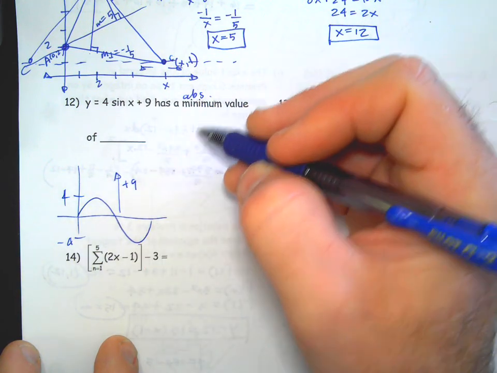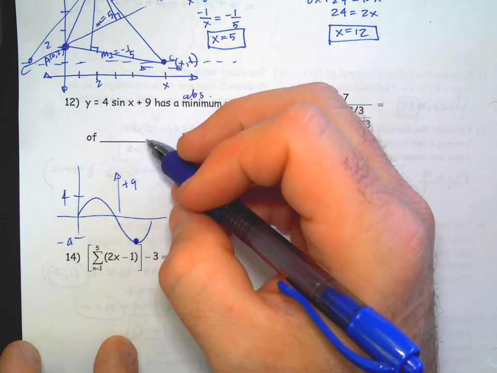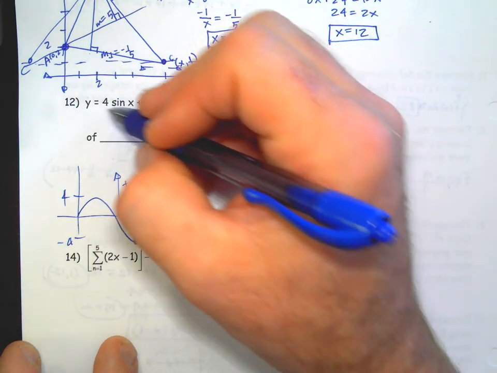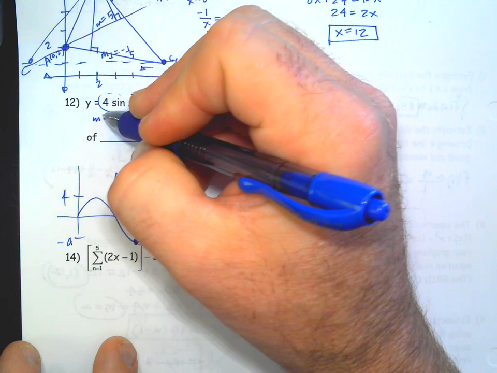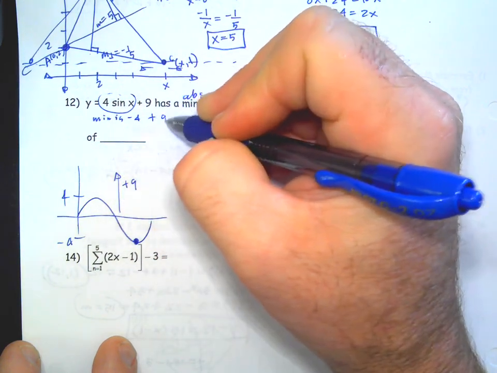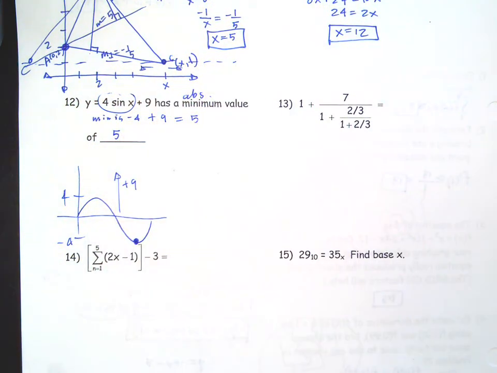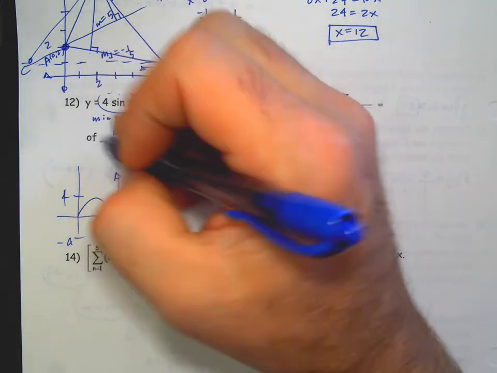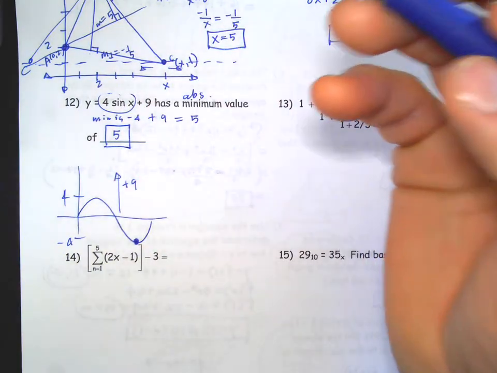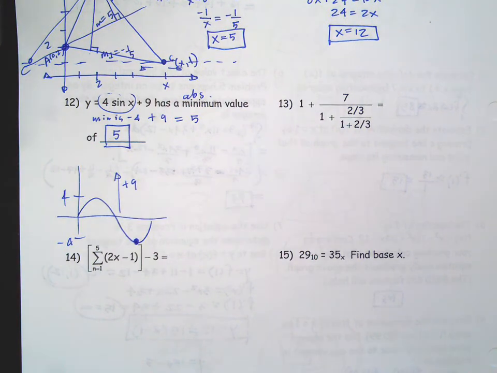So the minimum is going to be this point right here, but you can add 9 to negative 4, right? So the min for this is negative 4, and then you're going to add 9, so you're going to get 5 is the minimum value, the y value. Or you could do extreme value theorem, but you have no endpoints.